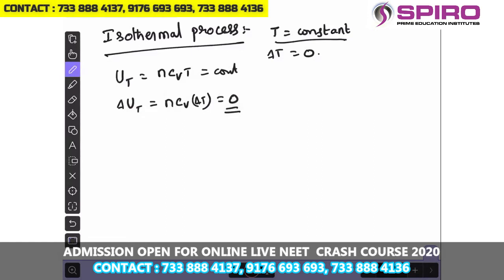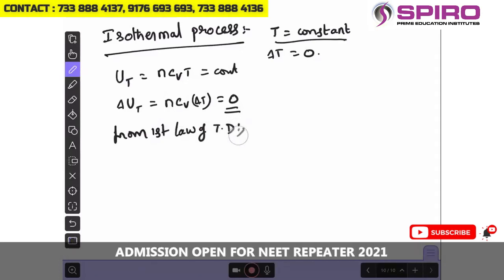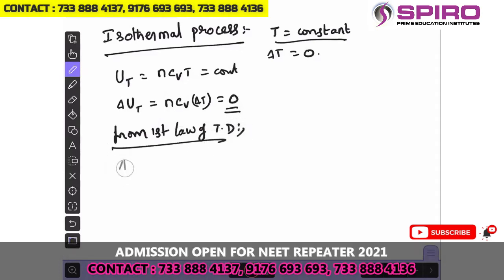Right. So according to first law of thermodynamics, we can say delta Q is equal to delta U plus external work.